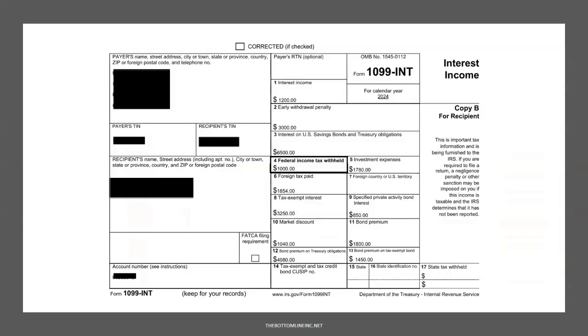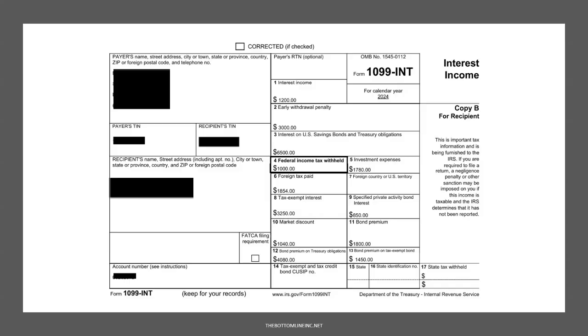So this is a 1099 INT. You'll see the payer has a TIN. Technically, if you loan someone money and you collect interest, that's interest income, and this should be reported if you receive more than $10 of interest income.